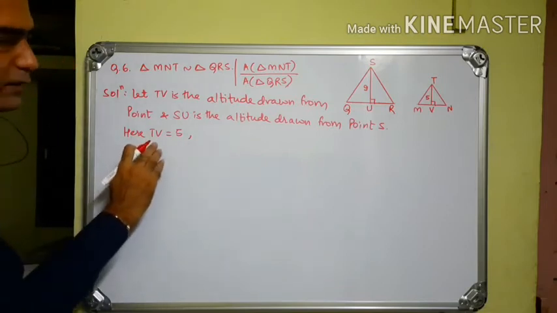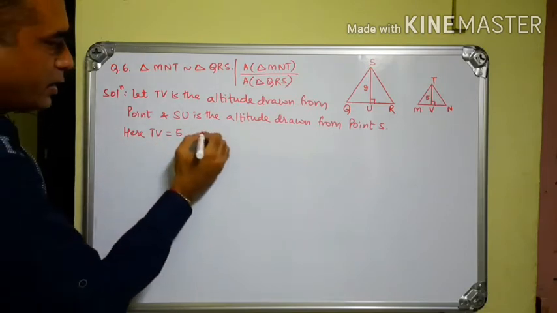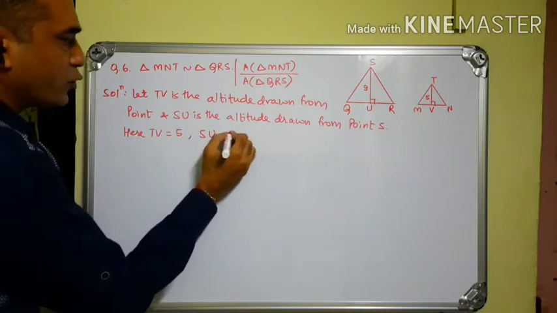Here TV equals 5 units and SU equals 9 units.